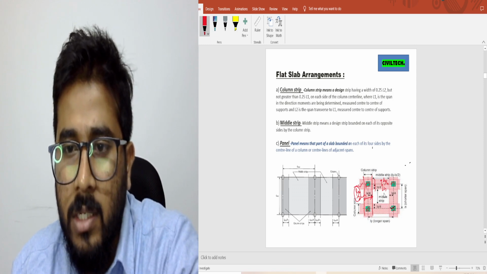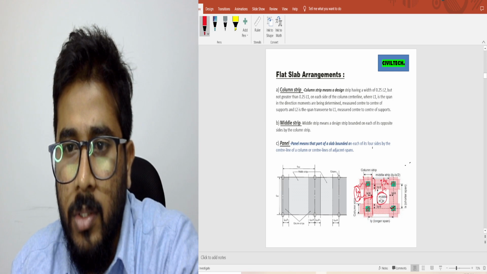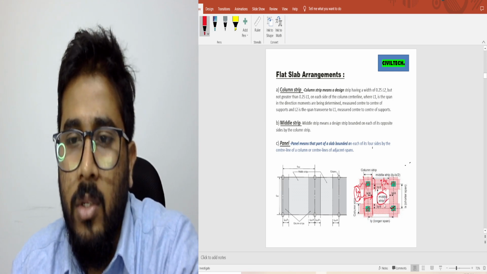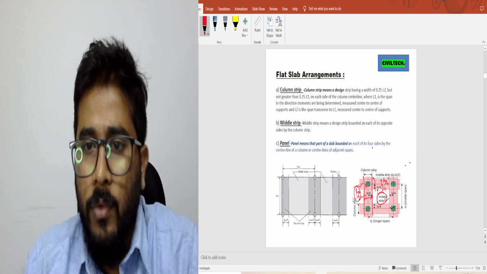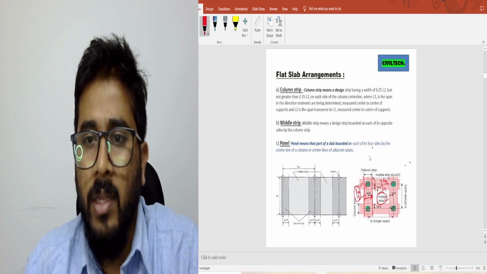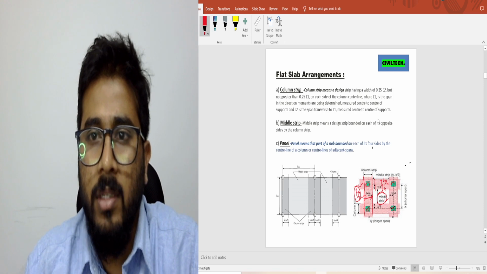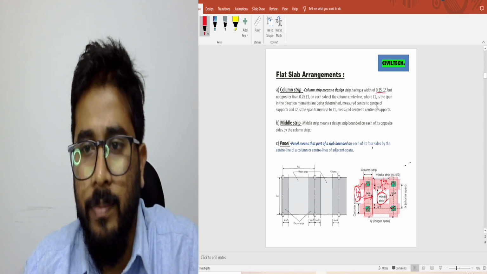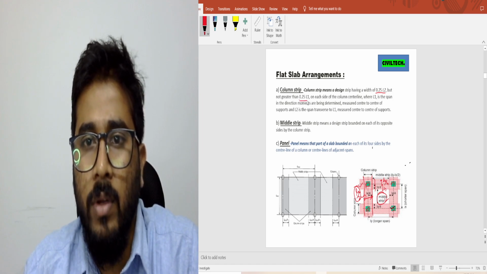Now what is the middle strip? The middle strip is nothing but the strip which is bounded by the column strips. Sometimes you will be confused, like here they give 0.25 of L2, and here they show 0.25 of L1.